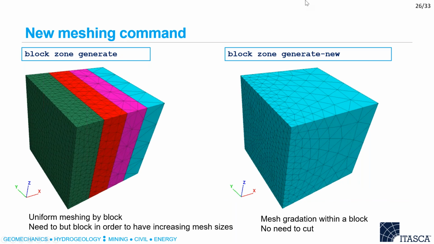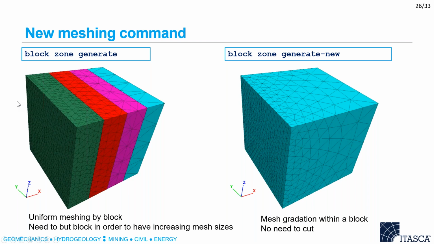Now, if you have generated rigid blocks and we want to have a deformable model, we can use two different commands in 3DEC. The old command that still exists in the current 3DEC is block zone generate, and the new one is block zone generate new. There are some differences between these two commands.